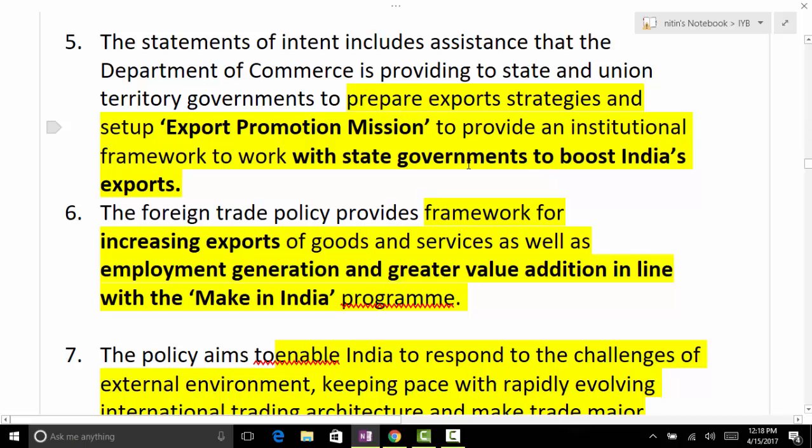Though foreign trade policy doesn't seem to be dealing with cooperative federalism, it is one of the components, because the various products will come from the different states only, right? So this is how we are collaborating. The union government is collaborating with the state governments by setting up export promotion missions there, with the ultimate idea of encouraging our exports.